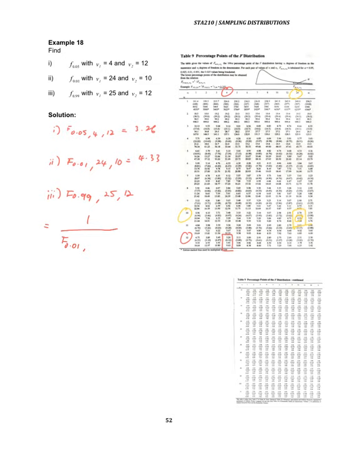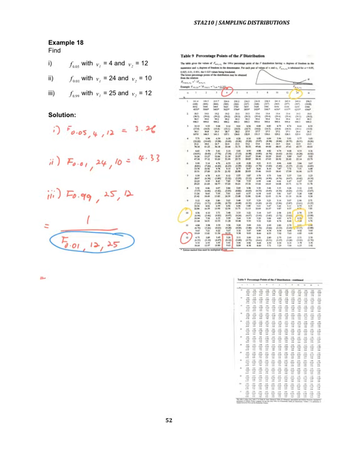Bila awak buat 1 over V2, tempat V2 akan jadi mula-mula. So dia akan jadi 12 dan 25. Nah, dia jadi terbalik. V2 jadi V1, V1 jadi V2. Okay. So apa yang perlu awak buat, awak kena cari pula value this one. Kena cari dulu F 0.01, 12, 25 berapa.